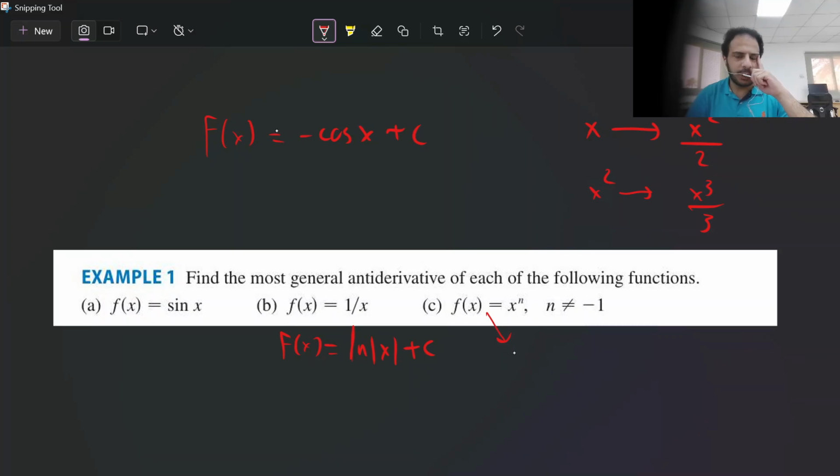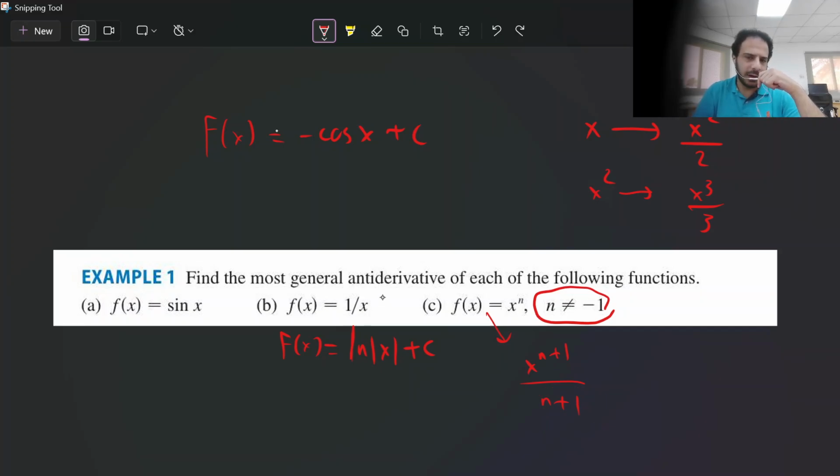What's the general formula? What do you think? Do you see? X to the power n plus 1 over n plus 1. Yes, thank you. But here, minus 1 is not included, because the formula is not defined for minus 1, since it would be division by 0.